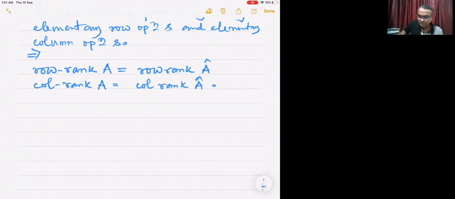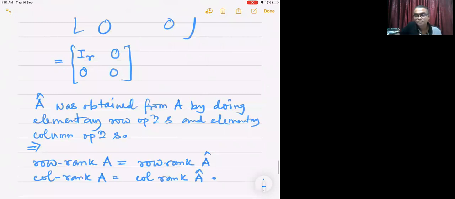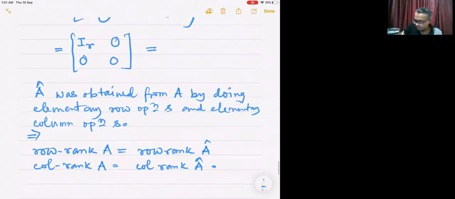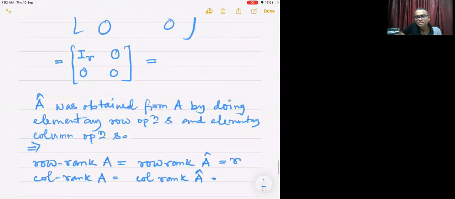Now see, what is the row rank of A hat? What is the dimension of the row span? This is the basis. How many such vectors are there? R vectors. So the row rank is R. This is in fact equal to the number of non-zero rows in the row reduced echelon form. What is the column rank?